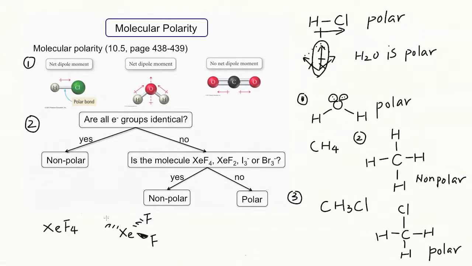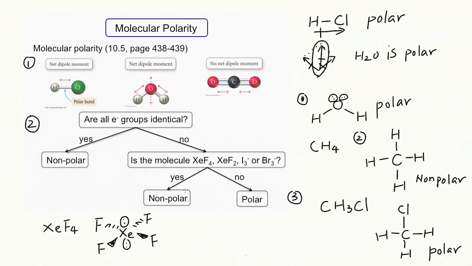So you have 4 fluorines, and you have 2 lone pairs on the xenon center. So there are 6 electron groups, and they are not identical, so you need to go this way. Xenon tetrafluoride is one of the 4 molecules, so the answer is yes. So it's nonpolar.